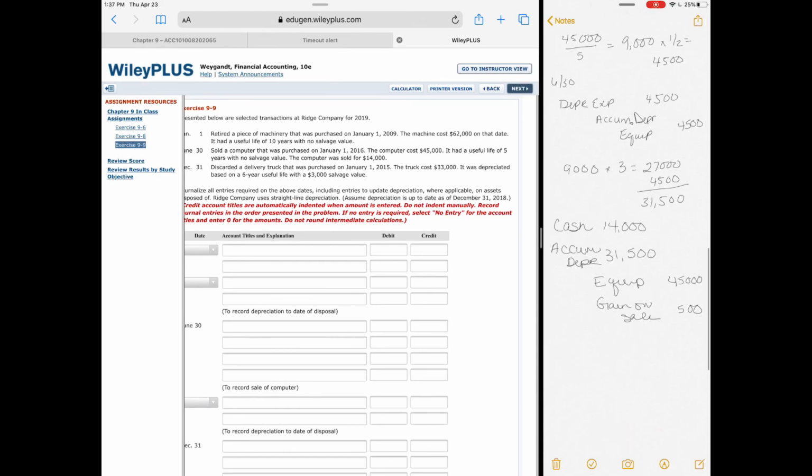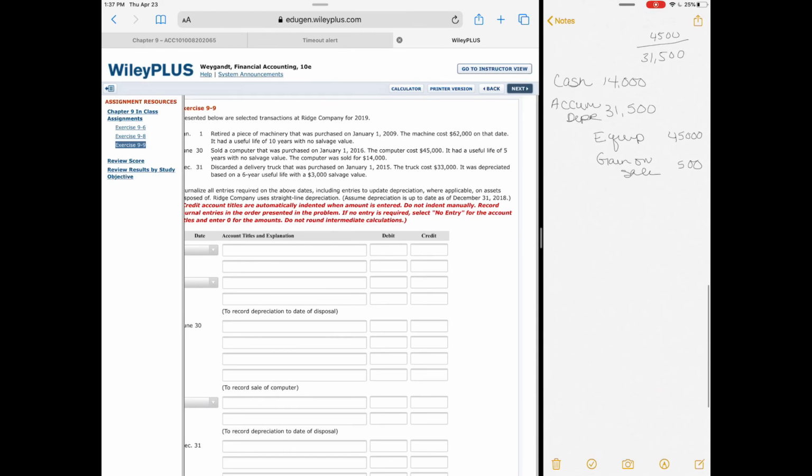All right. And finally, let's look at this last one. We discarded a delivery truck. It was purchased on January 1st, 2015. It cost $33,000 and it was depreciated on a 6-year useful life with a $3,000 salvage value. It is now the end of the year. So we have to record that depreciation expense.